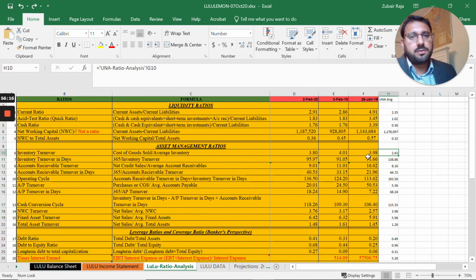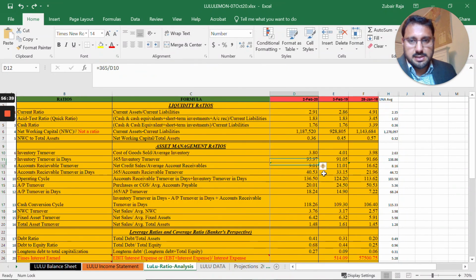Take the average of these ratios of one company and write it in front of the ratios of the other company, just to do the comparison, so that I can see what on average your competitor is doing in the last 3 years, and how well your company is performing against that average.